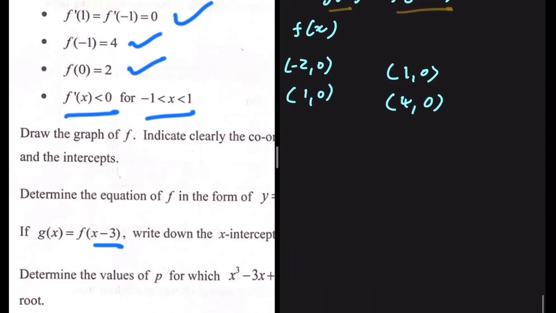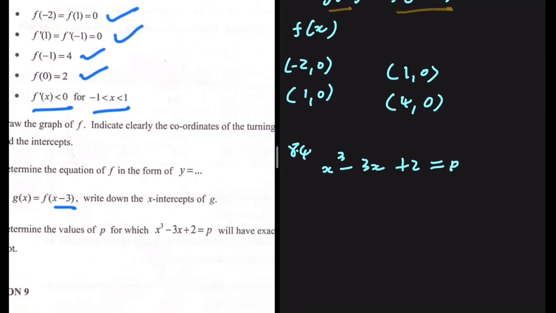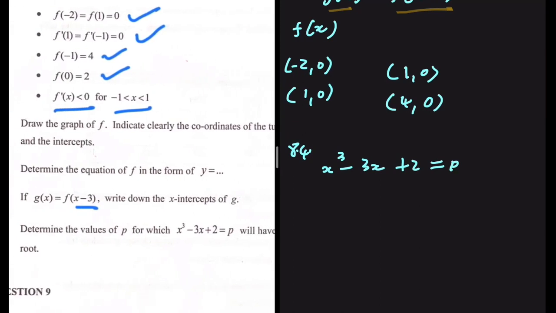Let's look at 8.4. Determine the values of p for which x to the power 3 minus 3x plus 2 equals p will have exactly one root. Exactly one root means exactly one x-intercept.